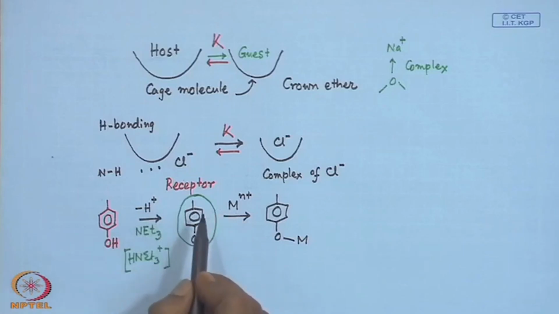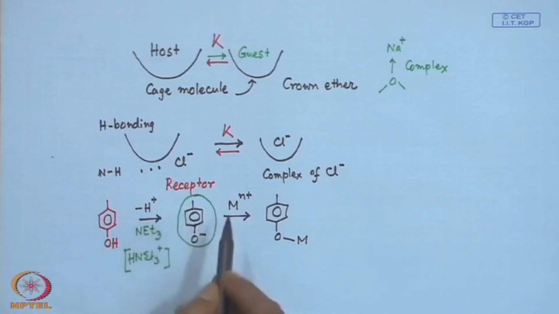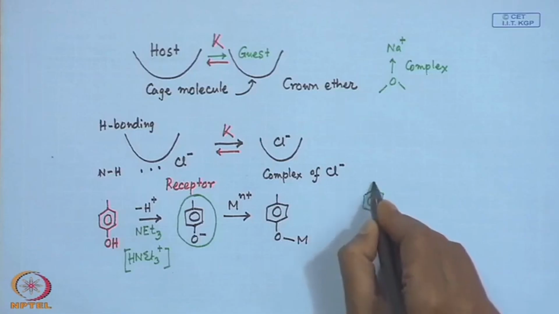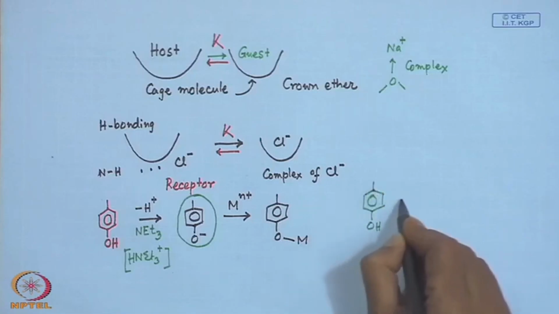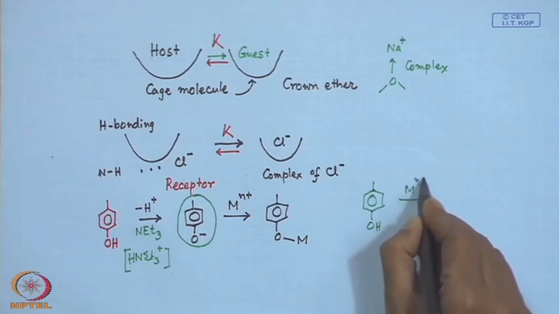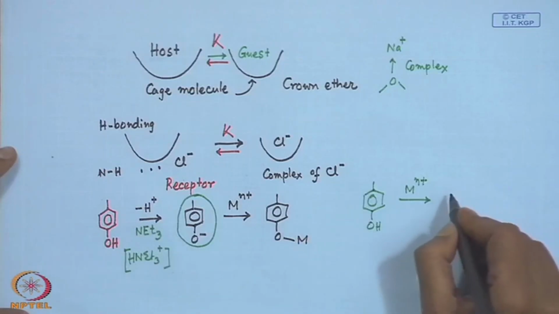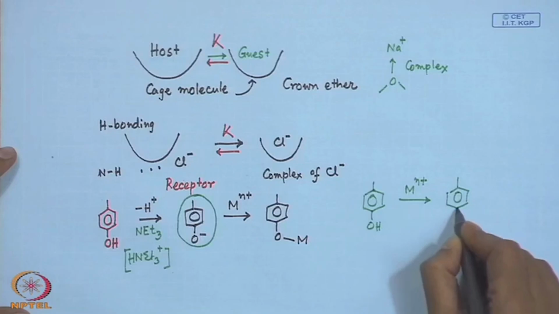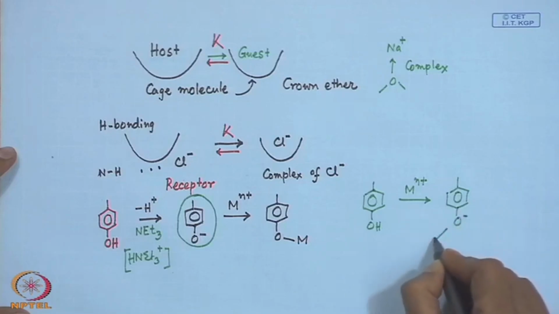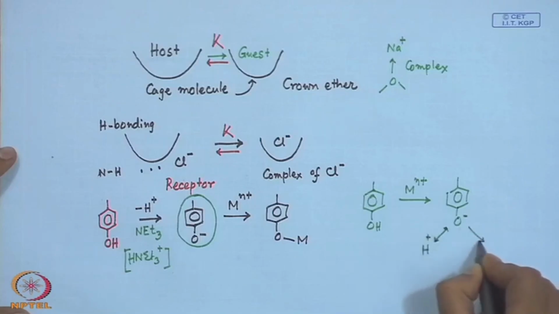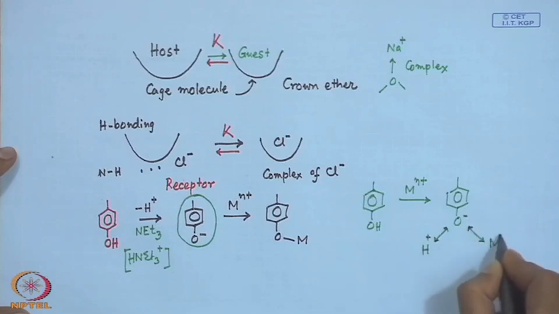But otherwise, when we just simply add the ligand to the metal ion, that means if we just use the phenol unit with Mn+ without thinking of the first step, the removal of the H+, then we will find that this O- can have some binding tendency to H+ or to Mn+.